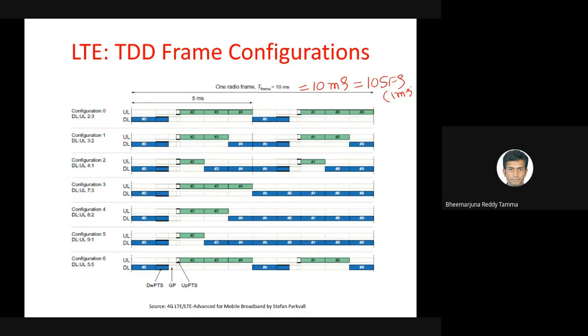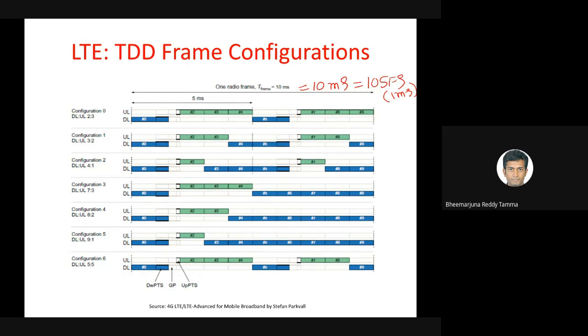That is exactly what we are also following even in the case of 5G NR. And in the case of TDD, what you see here is the base station can configure the cell to be operating on one of these 7 downlink-uplink configurations.